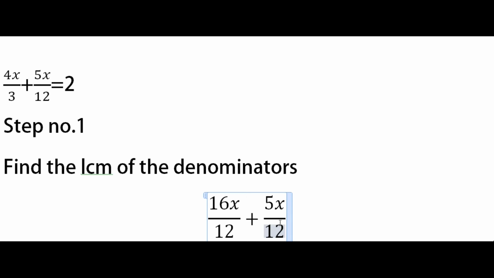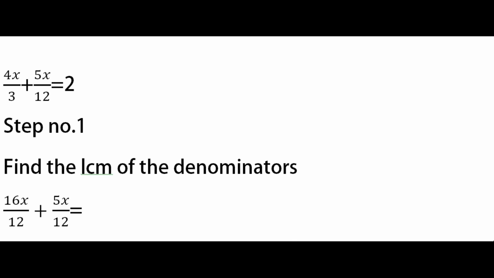Now I will add the numerators and add the denominators when the denominators are the same after taking out the LCM. So I'll put an equal to sign and add 16x plus 5x, that is equal to 21x, and this by 12, 21x by 12.